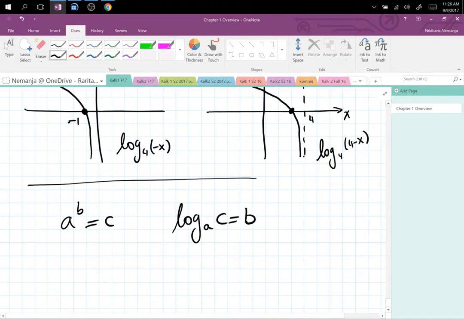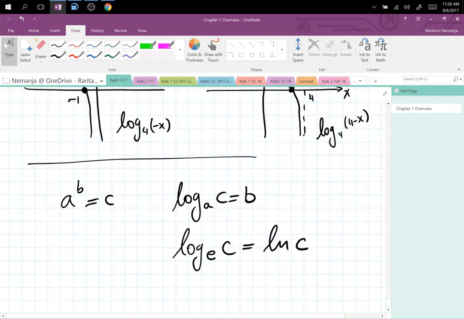And then the base a can be any number. In case that number is e, then you would have the notation ln. And if that number is 10, then you don't write anything. You just go like that.